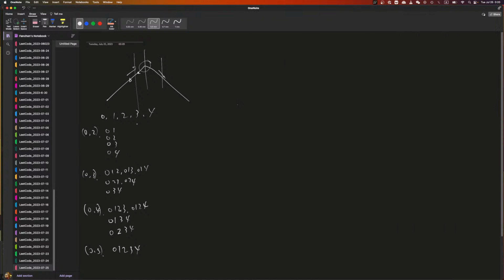So for each one of them, what is the value? That's going to be 0 times 1 squared, right? Plus 0, plus 0, 1 squared, 2 squared, plus 4 squared. This is going to be 0, 2 squared, 3 squared, 4 squared. 0, 3 squared, 4 squared. 0, 4 squared.